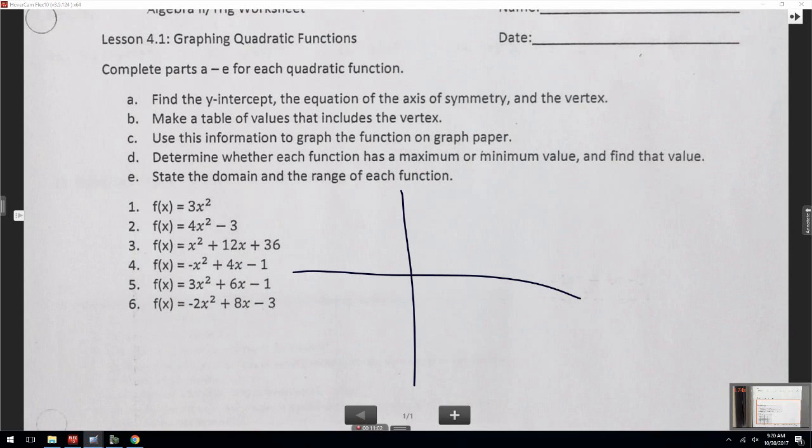So what do you want to count by? Because I'm not counting all the way at 36. You want to count by 12 maybe? Okay. I'm going to count by 6s. So 6, 12, 18, 24, and 36. Okay, so I just counted by 6s. Right?